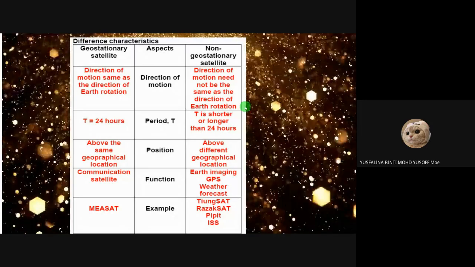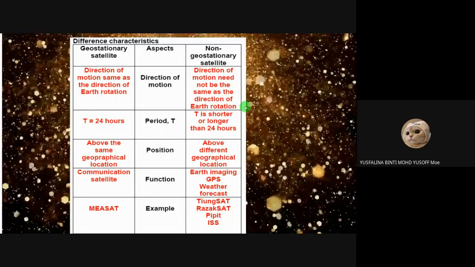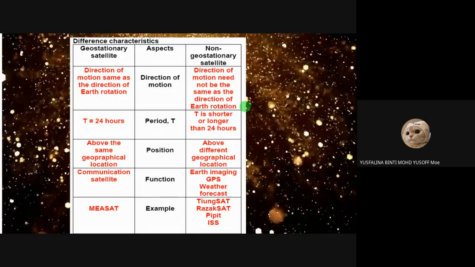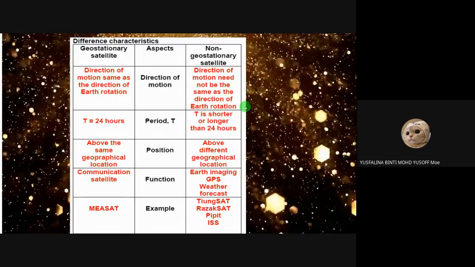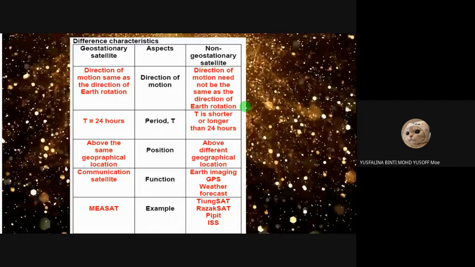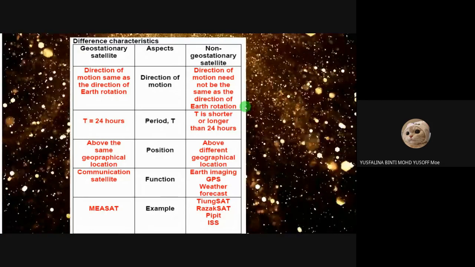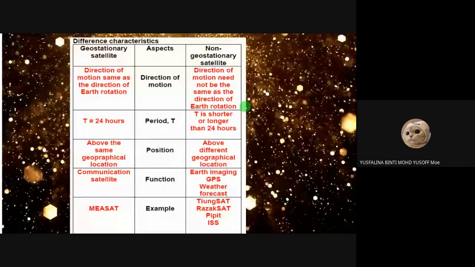About the period, you already know for the geostationary satellite, the time must be 24 hours to make one complete rotation around the Earth. But for the non-geostationary, it can be shorter or longer.